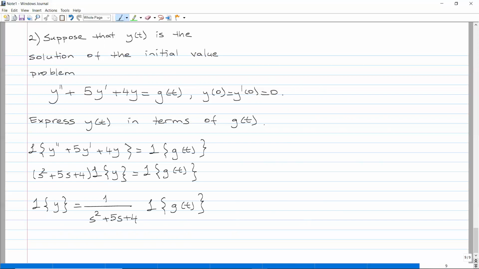And we figured out the Laplace inverse in the previous example. The Laplace inverse of 1 over s squared plus 5s plus 4 was e to the minus t minus e to the minus 4t divided by 3.